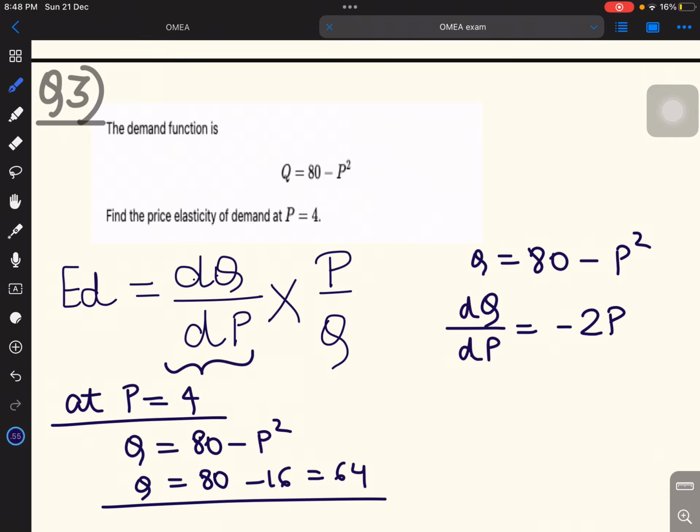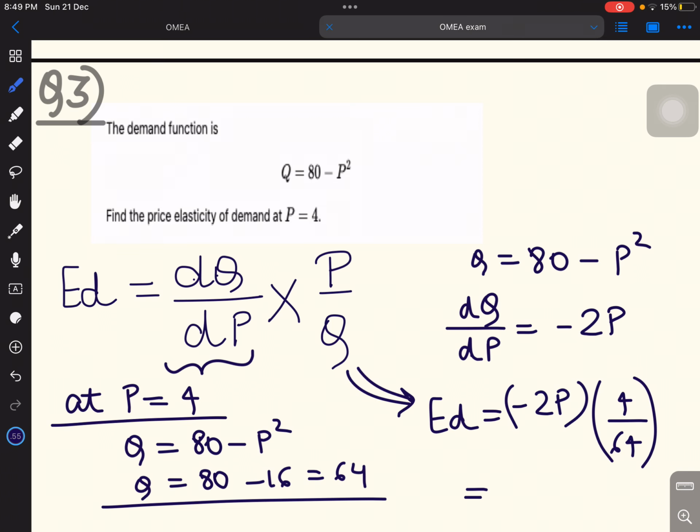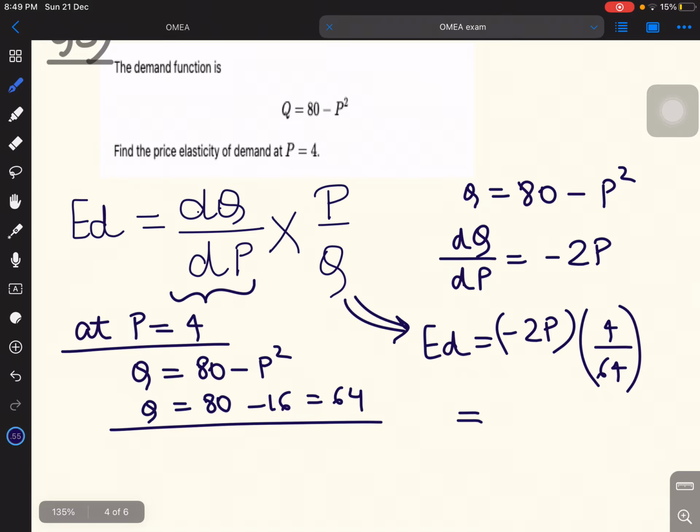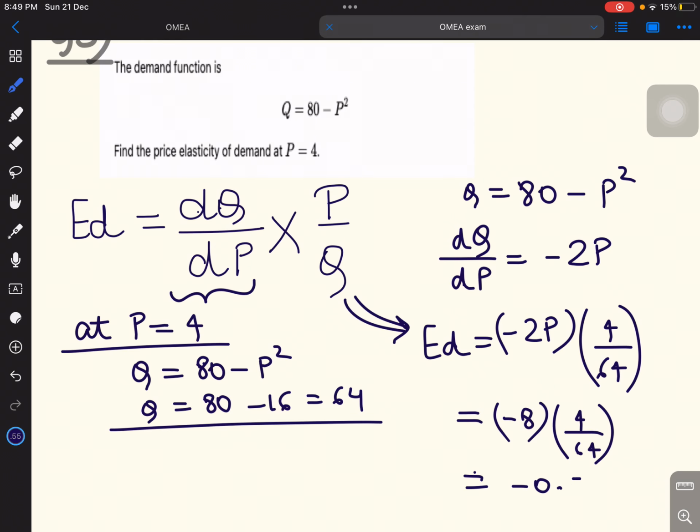Now q is equal to 64, p is 4, dq by dp is minus 2p. We put everything in the formula and get ED is equal to minus 2p multiplied by p, which is 4, divided by q, which is 64. Putting in the value of p as 4, we get minus 8 into 4 by 64. We cancel it and the final answer we get is minus 0.5.